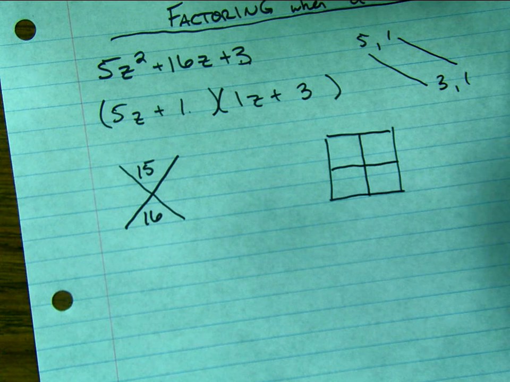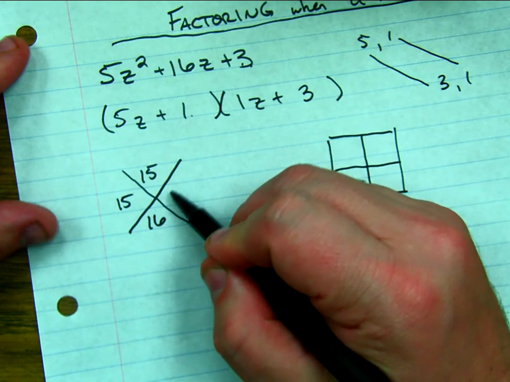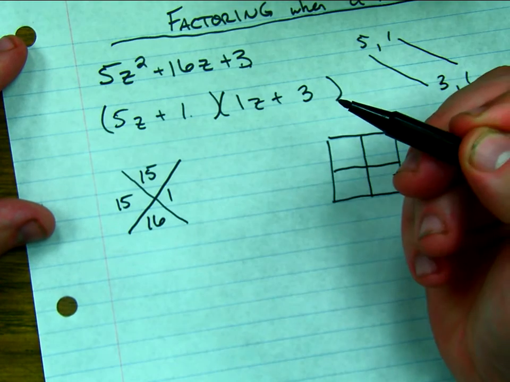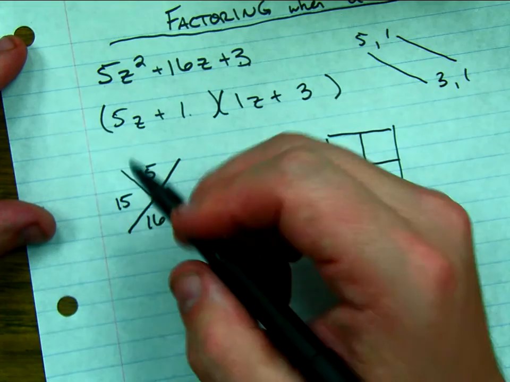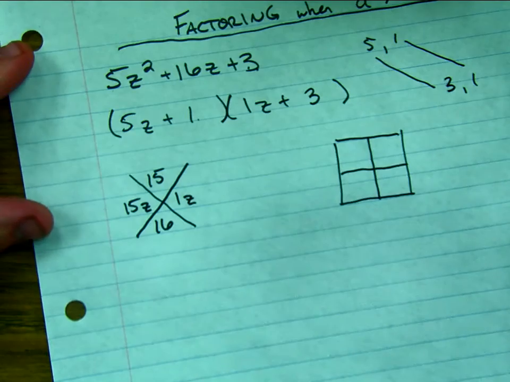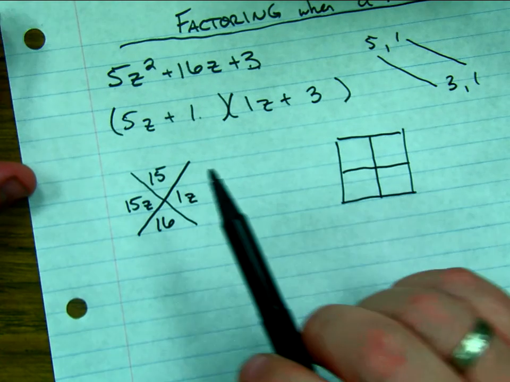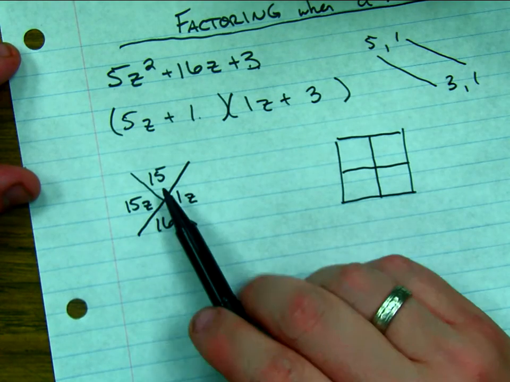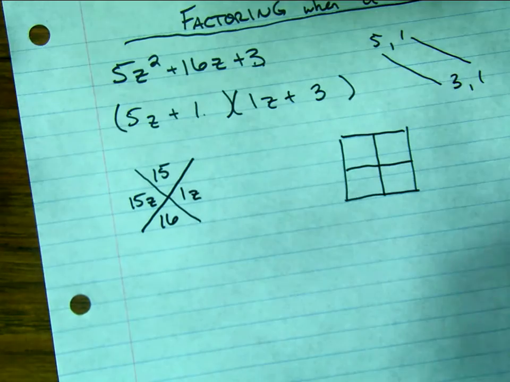That's either 3 times 5, which add up to 8, or 15 times 1, which add up to 16. So it has to be 15 times 1. Okay? In this example, we're talking about z's. So we need a z here and a z here, because that would add up to the 16 z's and would multiply to 15z squared, which is what happens when you multiply 5 times 3.